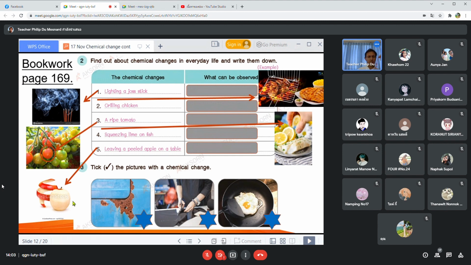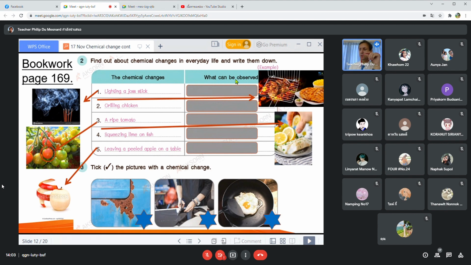Okay, class, now we're going to look at what we can observe. Again, you have to look at page 167, because page 167 talks about all the changes that we can see. Okay, so lighting the stick. Class, what kind of changes do you see? Look at page 167 and tell me. Is it bubbles?